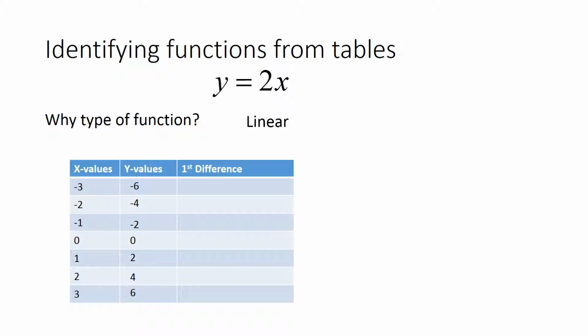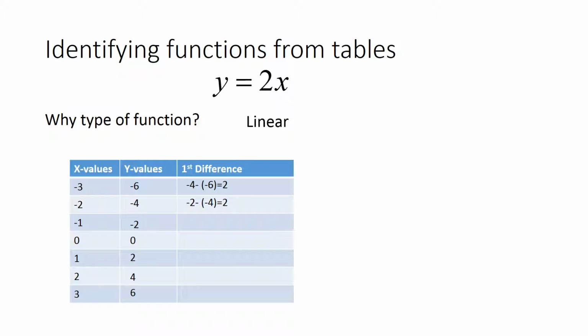So I am subtracting my y values, and I'm going to see that I'm going to get, negative 4 minus negative 6, and that gives me positive 2. And then I'm going to do negative 2 minus negative 4, and I get 2.